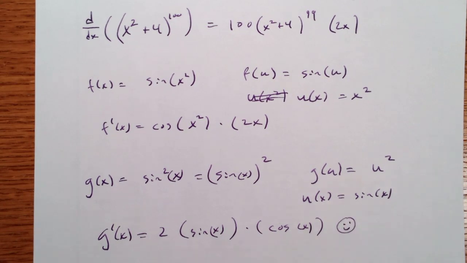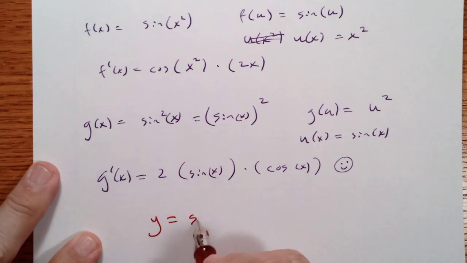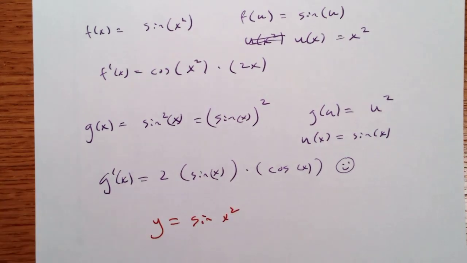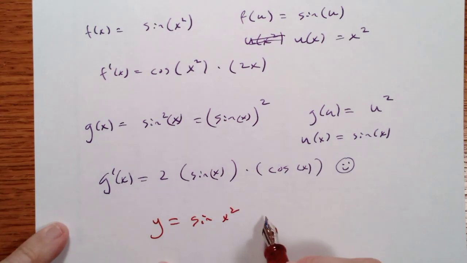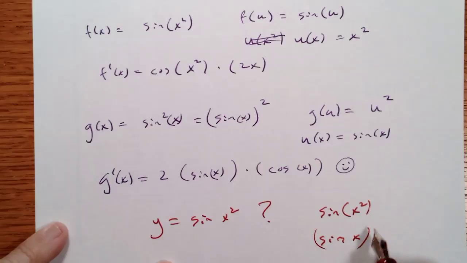This is why I'm so particular about using parentheses on trig functions, because some people will write the following, and it annoys me to no end. If you write y equals sine x squared, where do the parentheses go? Is that sine of x squared, or is that sine of x squared?